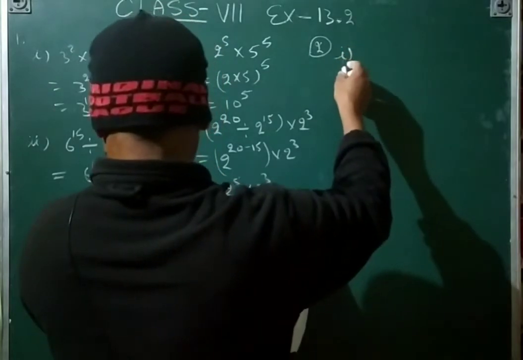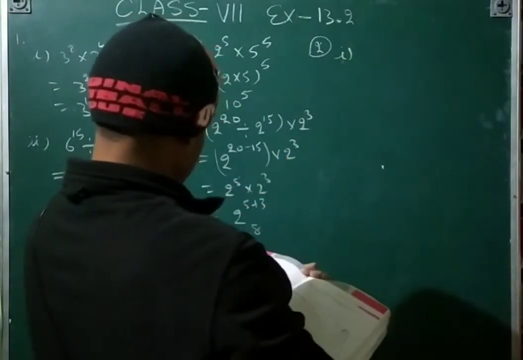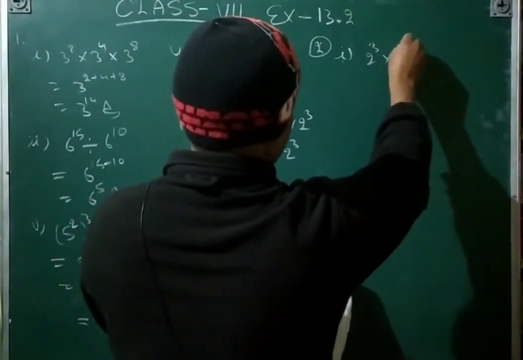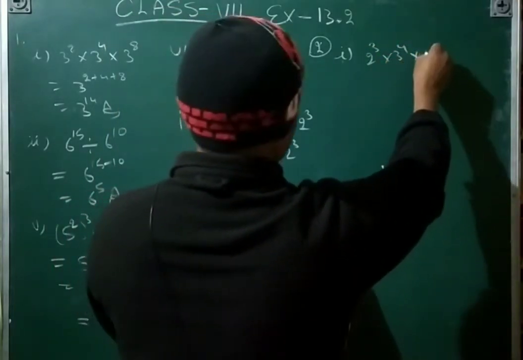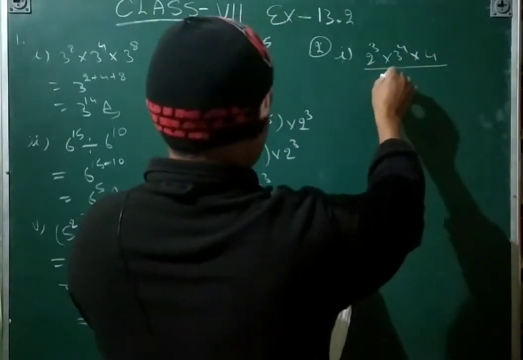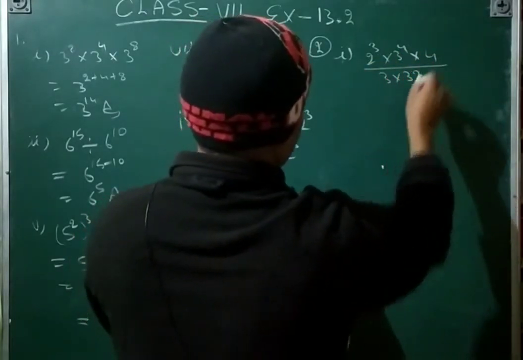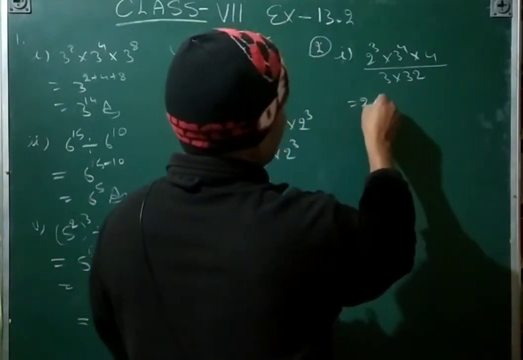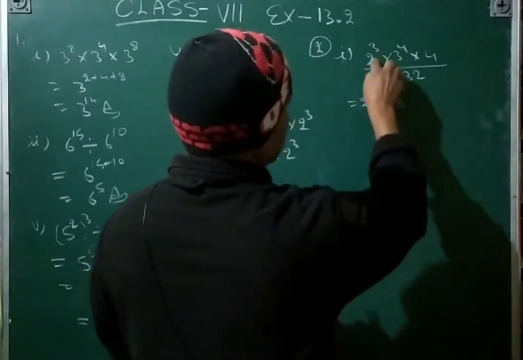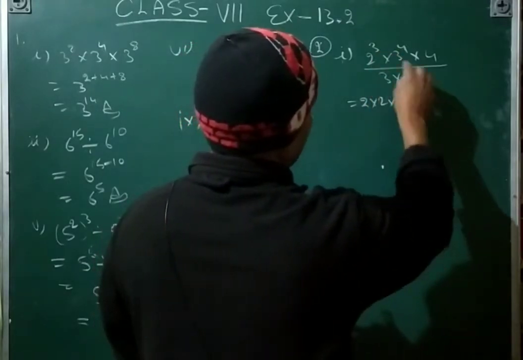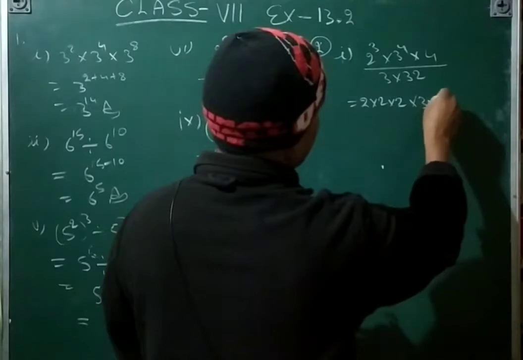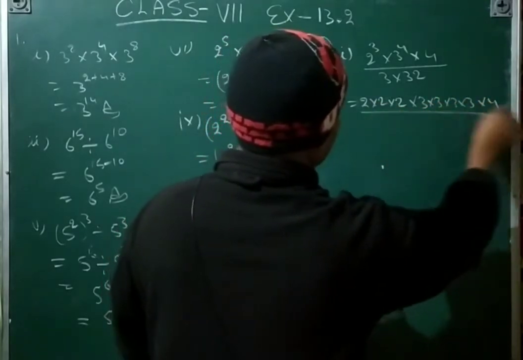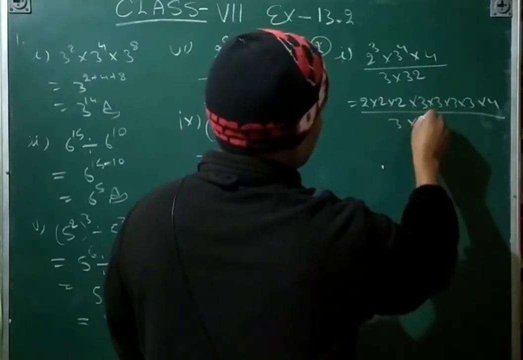So 2 power 3 into 3 power 4 into 4 upon 3 into 32. 2 into 2 into 2 is 3 times, and 4 times 3, so 3 into 3 into 3 into 3 into 4, upon 3 into 32.